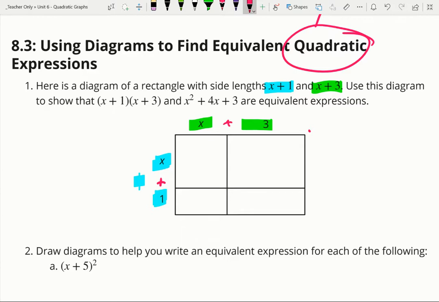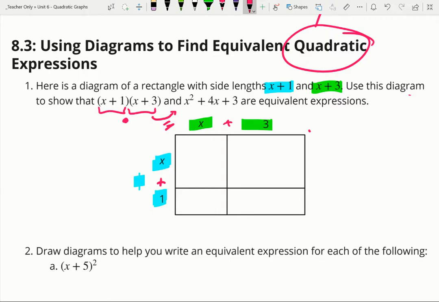So you'll see me writing those in a little bit different than what's written here. Use this diagram to show that x plus 1 times x plus 3 and x squared plus 4x plus 3 are equivalent expressions. So basically, we're saying when we multiply these together, we should equal that expression over there.